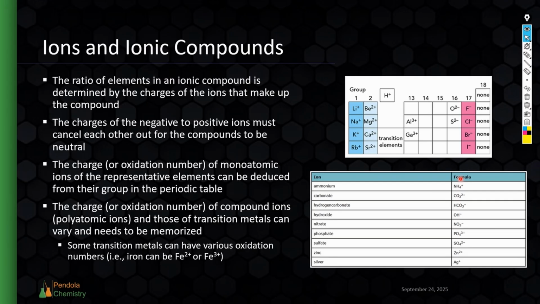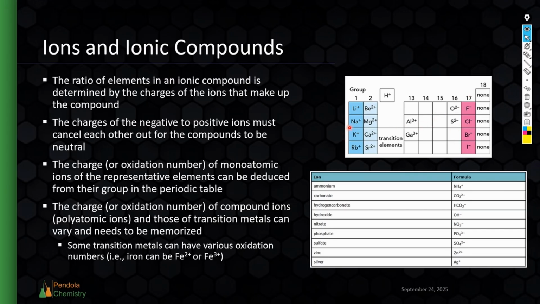Now, a lot of elements will also have what we call monatomic ions. Monatomic ions are just the element itself with either missing electrons making them a positively charged ion or extra electrons making a negatively charged ion.